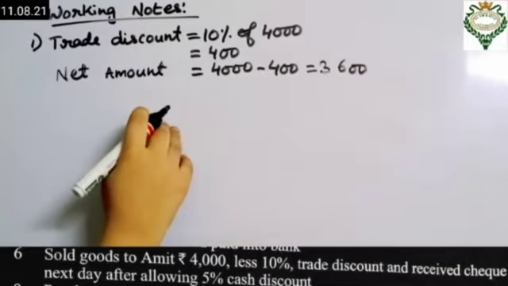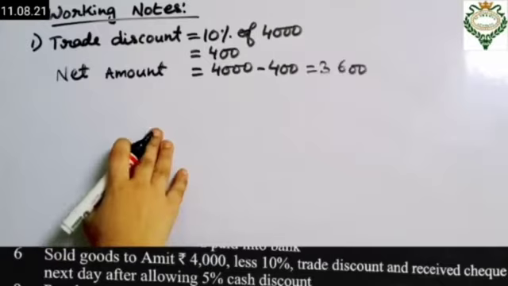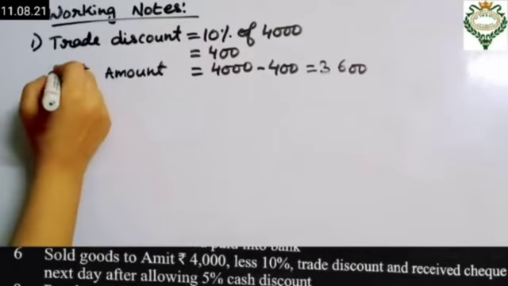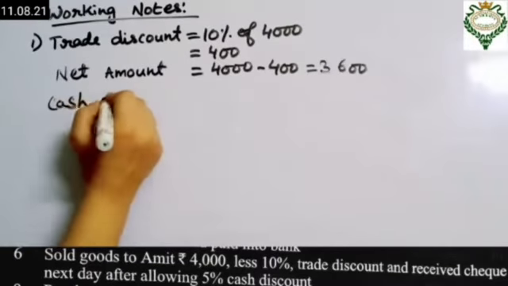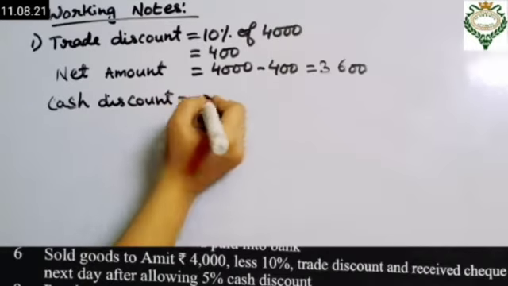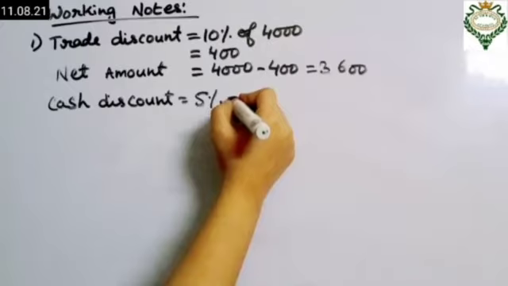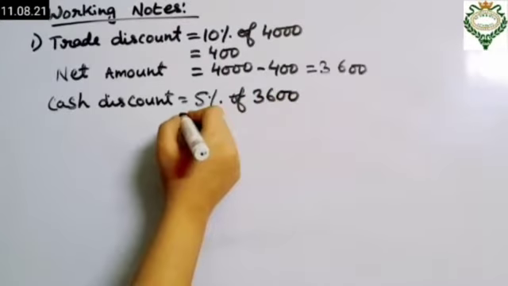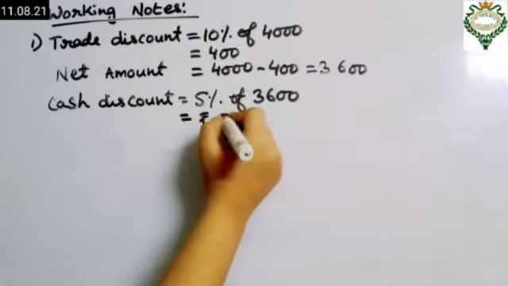Then at the time of payment he also got some cash discount, that is 5%. So we also have to find out the cash discount, which is 5%. On which amount? On the net amount that we have got, so 5% of 3,600. So we will get here rupees 180.